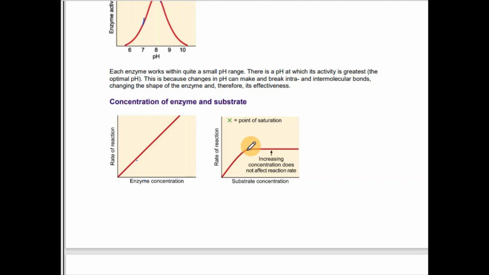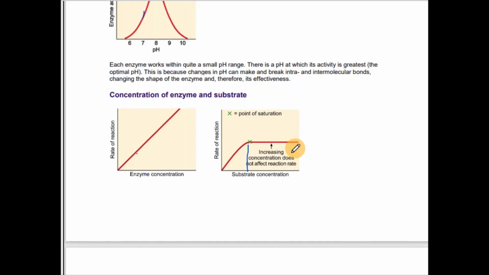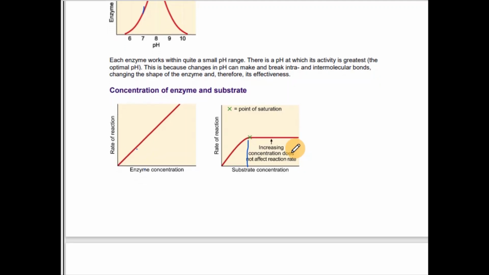So the saturation point is a point where the active site of the enzyme is occupied. Now, when the active site of the enzyme is occupied with enough substrate, there's going to be no increase in the rate. That is, there's no further conversion of substrate to product. Hence, even if you keep increasing, the rate of the reaction will remain constant. So that's how the substrates affect the rate of a reaction.